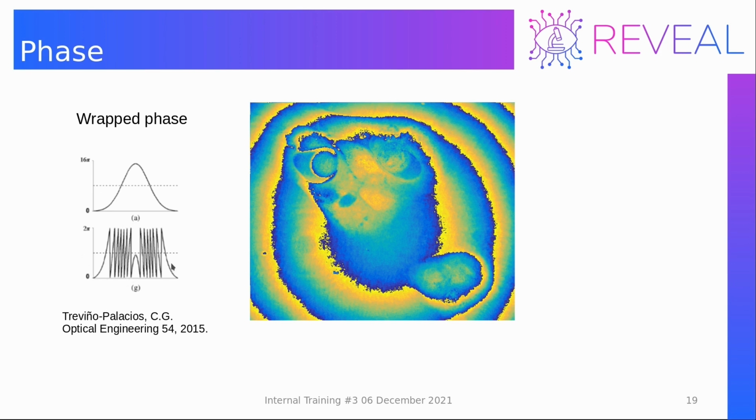So what we do with this distribution is we apply some phase unwrapping algorithms, and there are many different phase unwrapping methods. It is not really important right now how these methods operate.